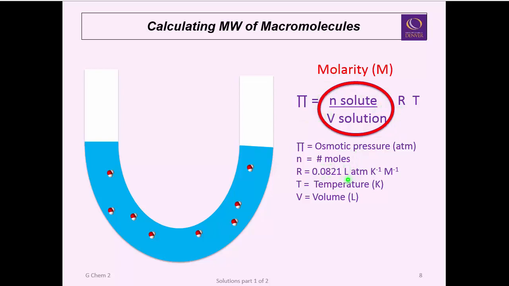In this case, it's appropriate to use the R of 0.0821 liters atmosphere per kelvin mole because it has a pressure unit in it, and you're trying to solve for pressure. If you use this constant, temperature should be in Kelvin. If I do use this expanded form, and I'm looking for the volume, it should be in liters. So let's work a problem here.